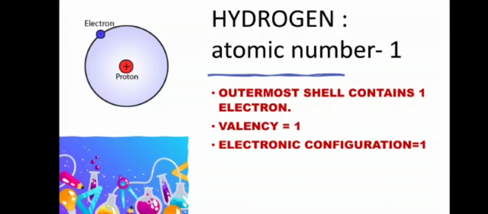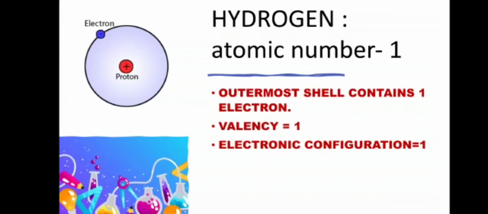This is the outermost shell for hydrogen. How many electrons are there in the outermost shell? 1 electron. So what will be the valency? 1, because if it is less than 4, the valency is the same as the outermost electrons. So valency is equal to 1.